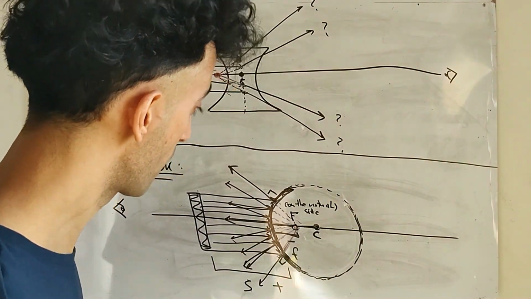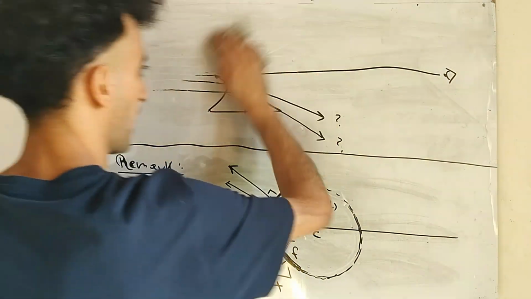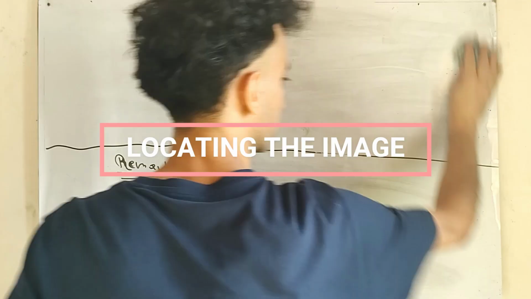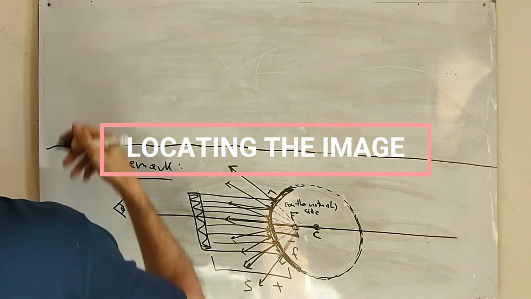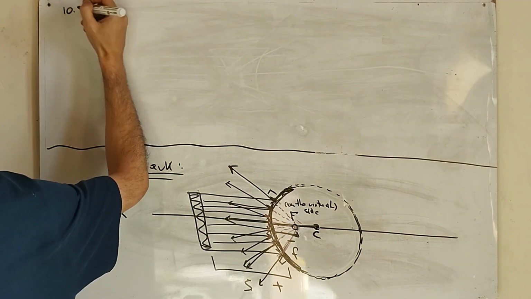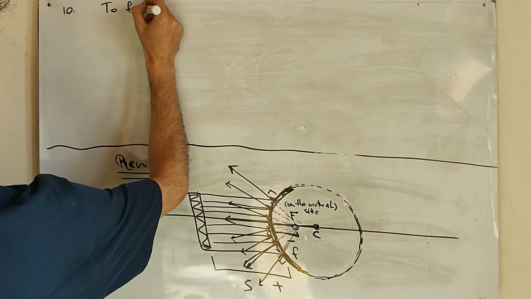Now, where is the image? Last step. After you understand how to find the focus and you know how to locate the center, you can now do one last thing, and I think that's step 10, 9, whatever. Next step, final step. Form the image, finally.